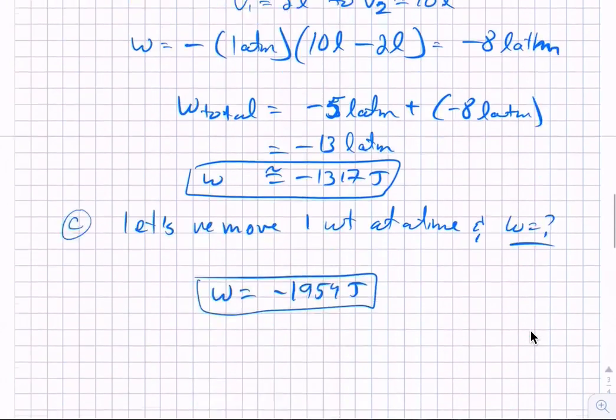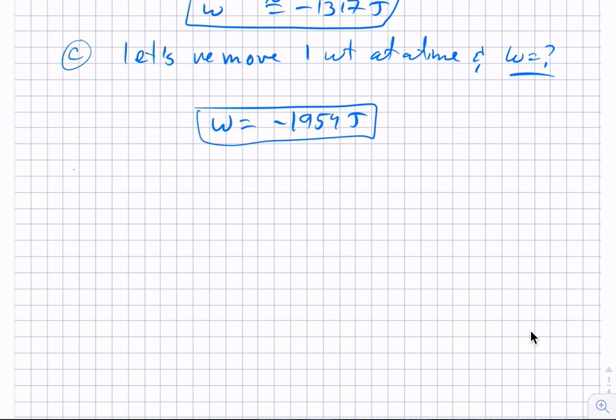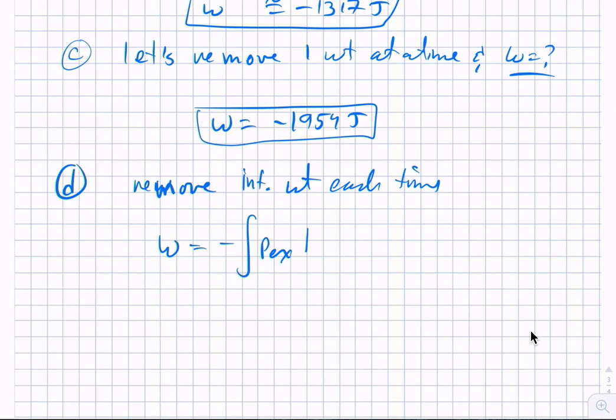So if we were to do this over again, now instead of removing 1 weight at a time, we're going to remove an infinitesimal amount of weight per time. So let's just say we remove an infinitesimal weight each time, and so work equals minus integral pressure external dV from V1 to V2.